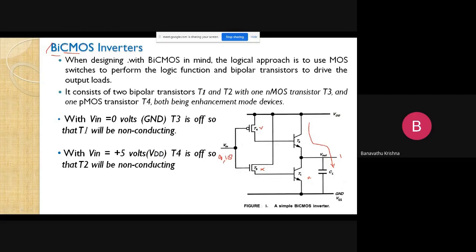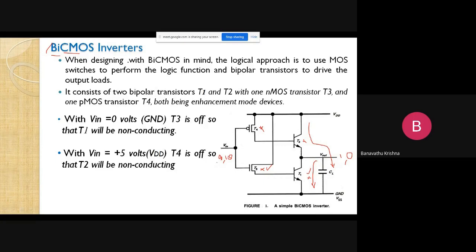Then T4 is going to be off and T3 is going to be on. If it is on, whatever charge is available in the load capacitor is discharged through transistor T1. Finally we are getting the output response as 0.